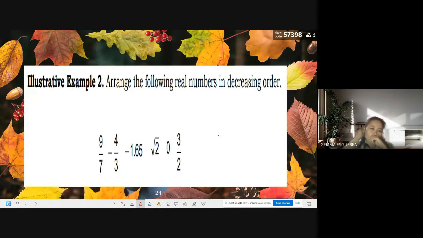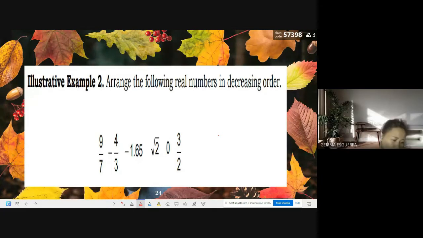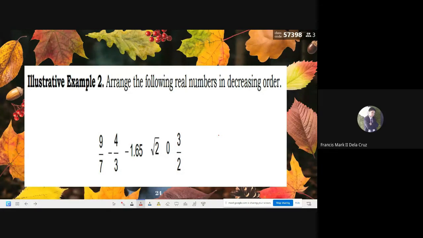Automatically, all negative numbers will be placed sa dulo kasi decreasing tayo from the highest to the lowest as a number. So, ano po yung mauuna? Pag sinabing decreasing mula malaki, pababa. Pag sinabing increasing mula mababang number or pinaka-smallest number to the greatest number.